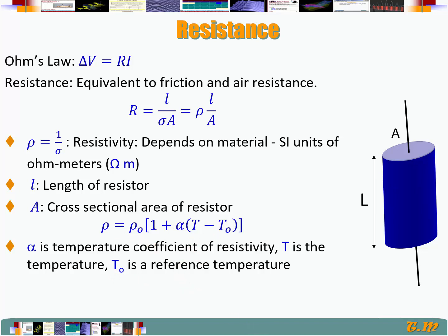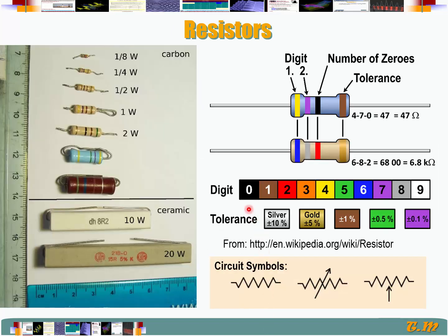Now, resistances that we use in circuits, for the most part, might look like this, in addition to the resistor in a wire. These are what we call carbon resistors, and then we have, like these, higher power resistors that are ceramic resistors.